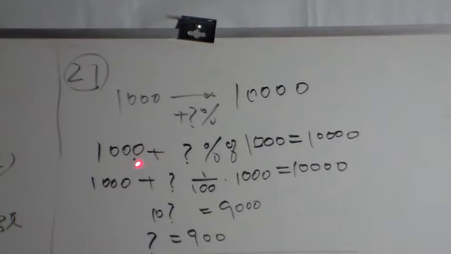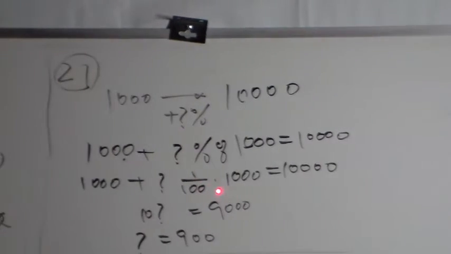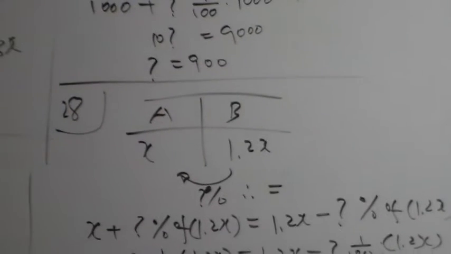So we move this part over there. Then 1 over 100 times 1,000 is 10. The question equals 9,000, so the question is 900. So 900% increase. Make sure it is an increase, not what percent of the original. 900% increase. Okay, next one.